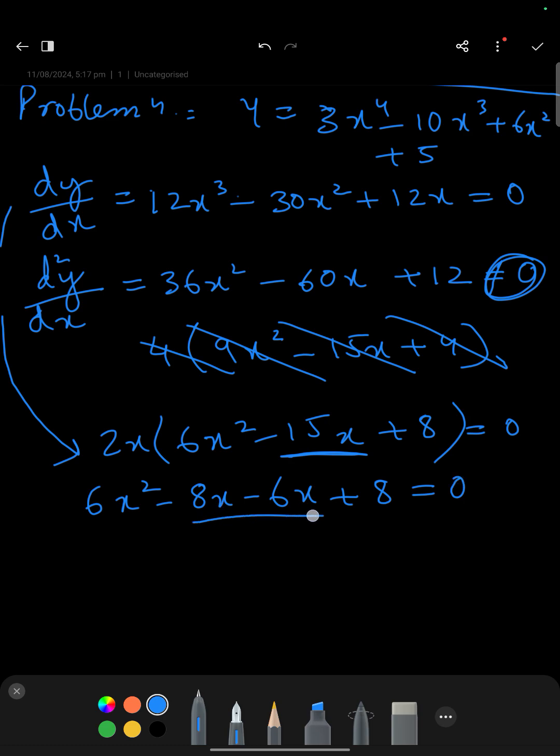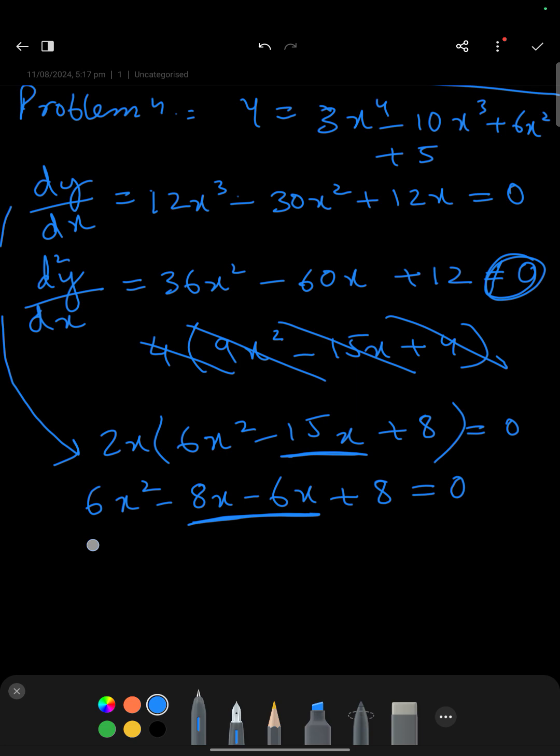We will take numbers in such a way that when we multiply 8 into 6, which is 48, 40x square, and when we add this it will be 15x. Maybe you all know about the algebra, so no need to explain.